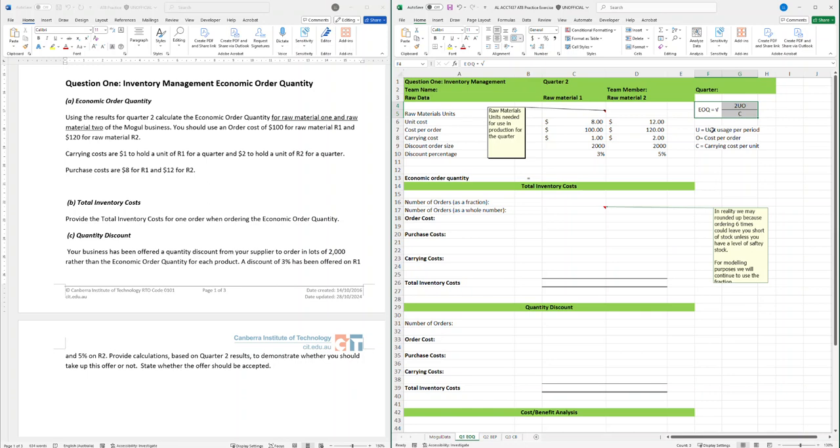So we have the cost per order, we have the carrying cost. What we haven't achieved is the unit usage per period, which is the first line here. This refers to the raw material unit needed for use in the production for the quarter.